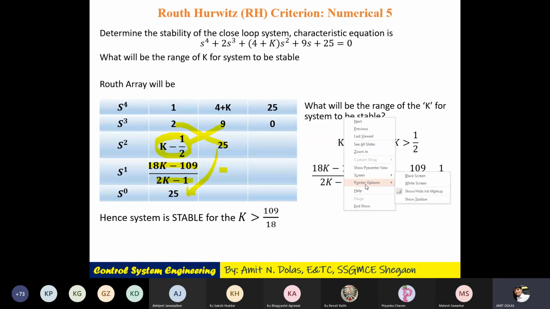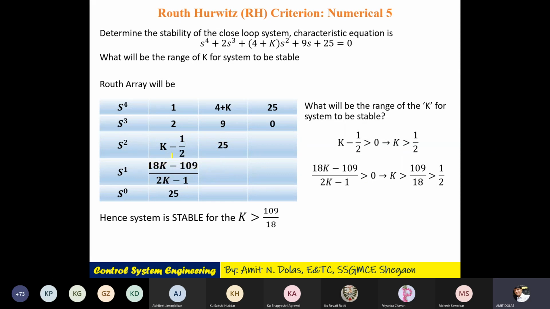Now here, look at the signs. Can you predict the sign for k minus 1 by 2? And yeah, 18k minus 109 divided by 2k minus 1. Can you predict the sign directly? Forget about this side. ये इधर जो मैंने लिखा है, don't see that.